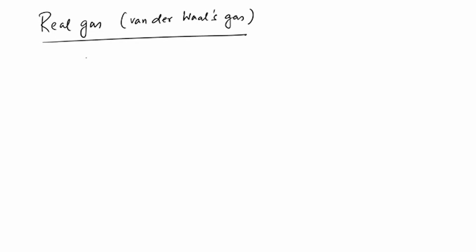So, let us start with this real gas, and we know the Hamiltonian. This is a real gas, or we call it a van der Waals gas, which means that the interaction effects are inbuilt into the system.